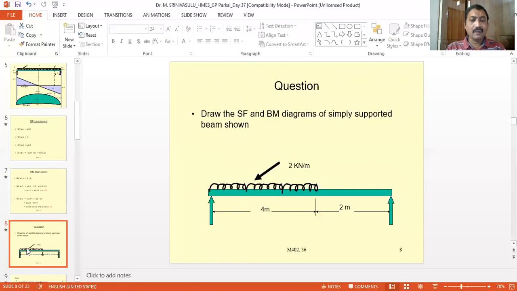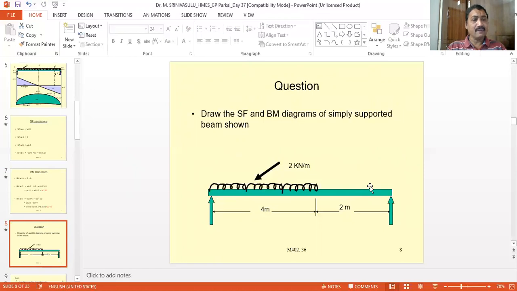So the figure is given. You have to copy this figure, and coming to the figure, here the simply supported beam is supported at both ends, and the length of the beam is 6 meters, and it is carrying a UDL of intensity 2 kN per meter over a length of 4 meters starting from the left support or the left end, and the remaining 2 meters is free.